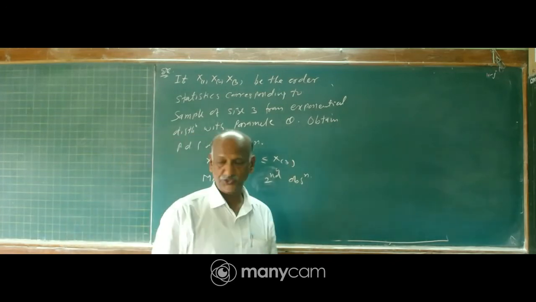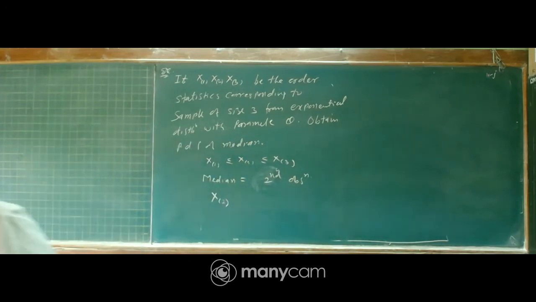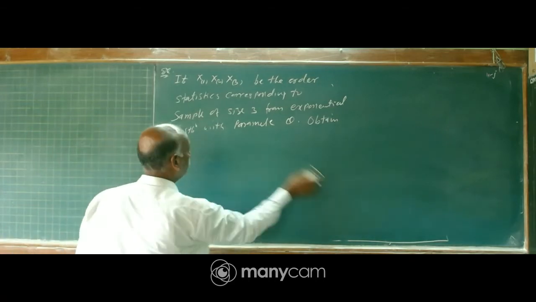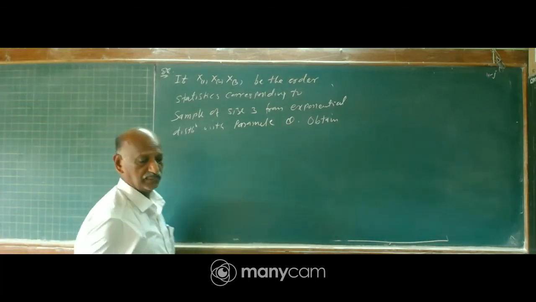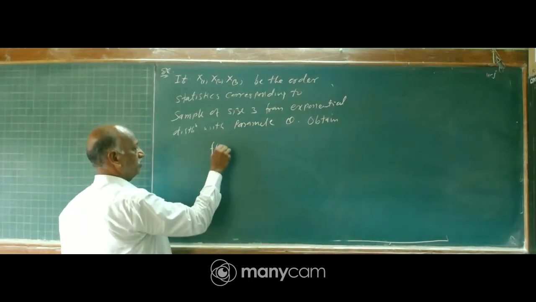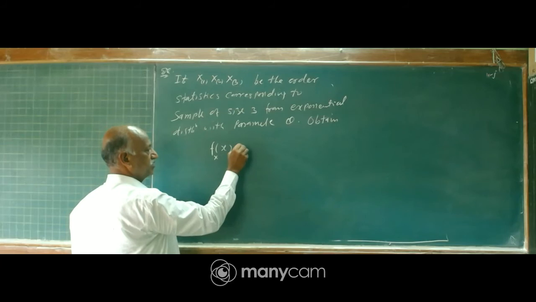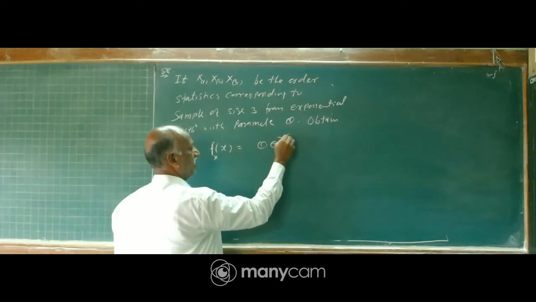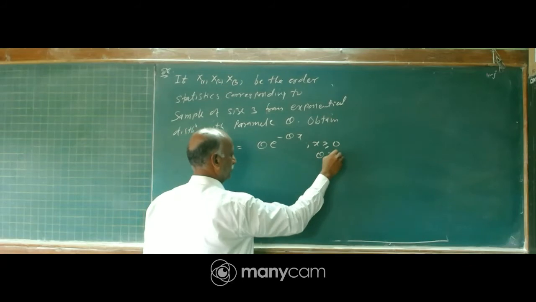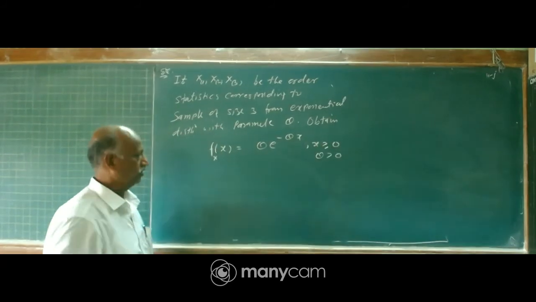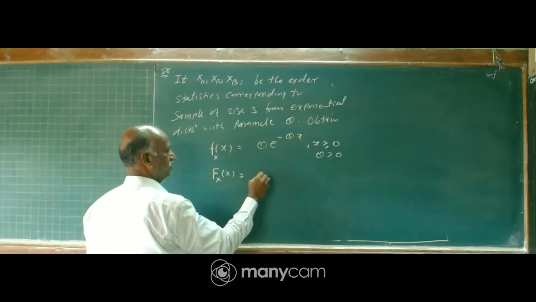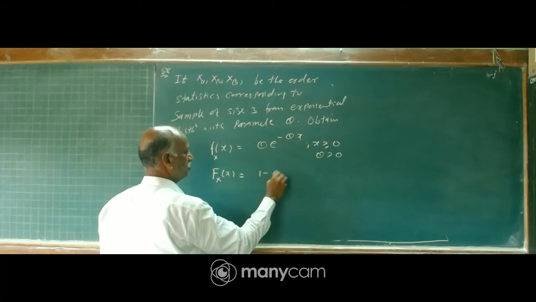First of all, for this, we want to find the probability density function and cumulative distribution function of the exponential distribution. So we know that the probability density function of the exponential distribution, say f(x), is equal to theta e raised to minus theta x, x greater than or equal to 0, theta strictly greater than 0. This is the probability density function of the exponential distribution. F(x) is equal to 1 minus e raised to minus theta x.